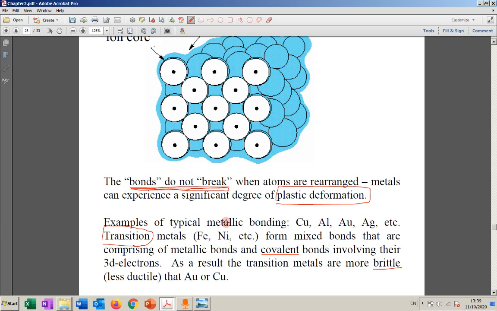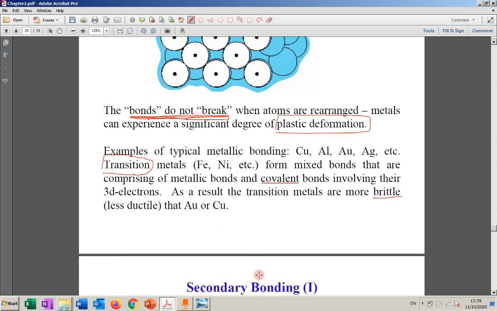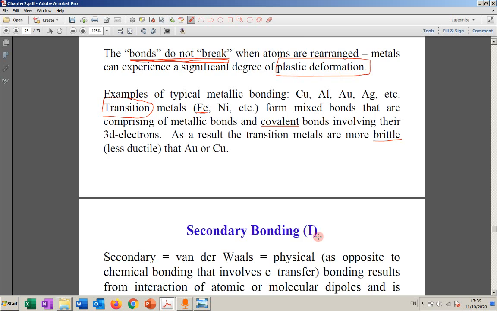If it is purely metallic, they will be ductile, but when we have other bondings between them, especially covalent bonding, a bit of brittleness comes into the element's properties, which we call transition metals. Now we ask why iron is brittle. Iron is not ductile, somehow it's brittle.